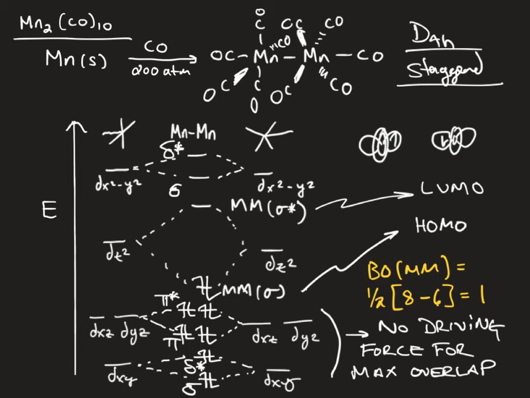Furthermore, we can also see where the driving force is for this manganese-manganese bond formation. So I'm just going to put electrons into our fragment orbitals. I'm going to put this as an up spin and this is a down spin. And here we have these dz squareds are formally anti-bonding type orbitals, as is the dx squared minus y squared.